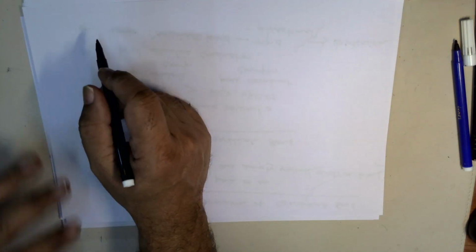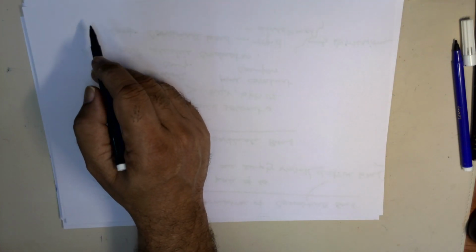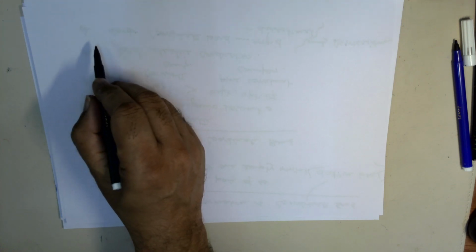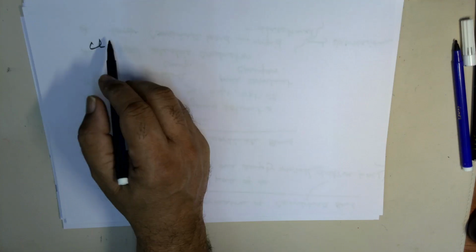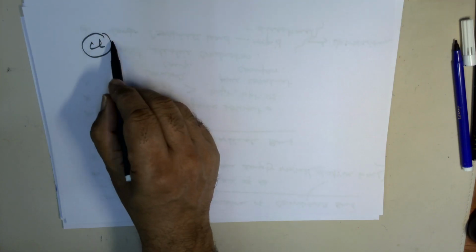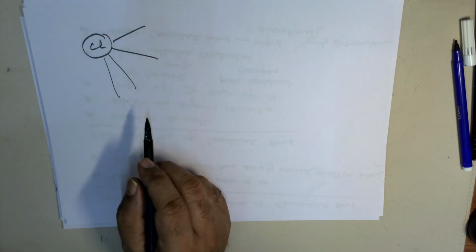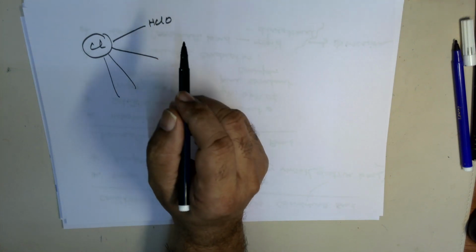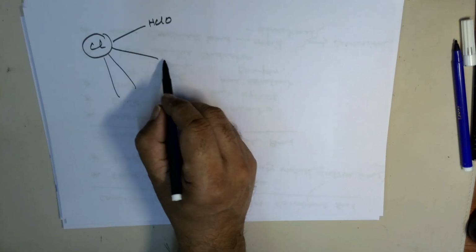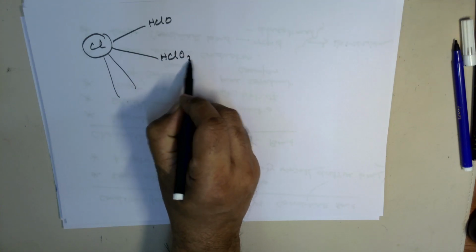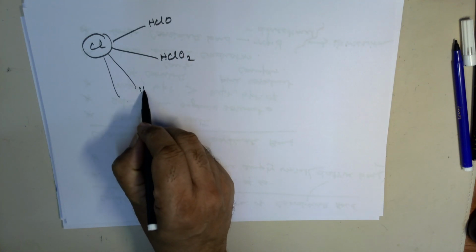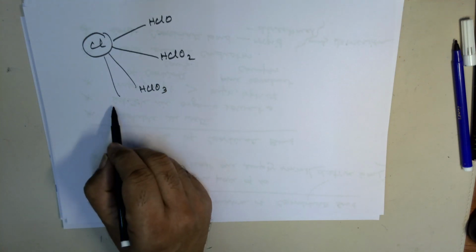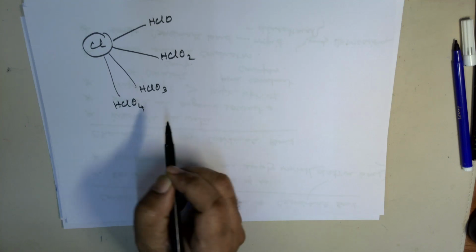Let us consider the formation of oxyacids of chlorine. So chlorine forms four types of oxyacids: HClO, HClO2, HClO3, HClO4.